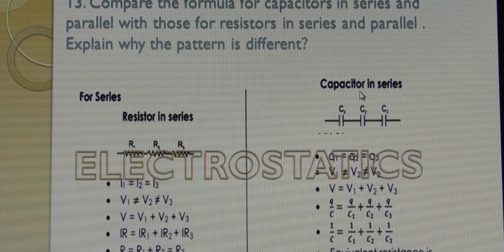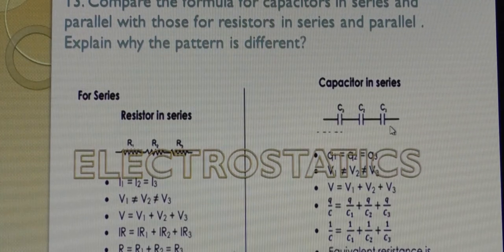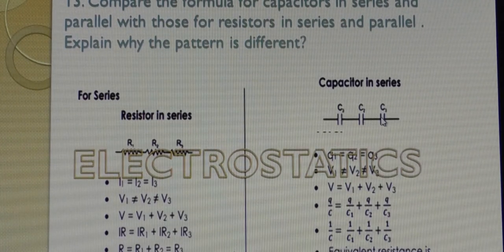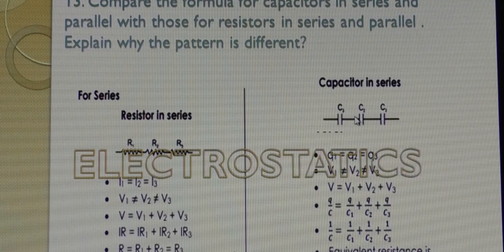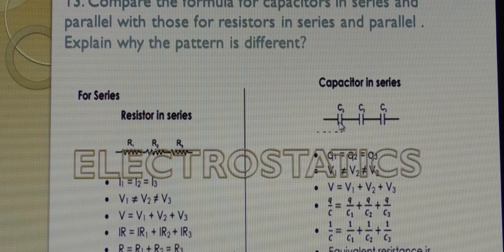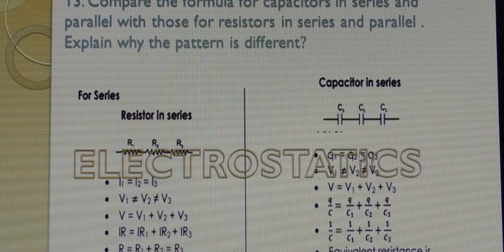Now we come to the series combination for the capacitor. Here are three capacitors, C1, C2, C3, connected in series combination. We notice that the charges are the same, because the path of the current is the same, so Q1 the charge at C1, Q2 charge at C2, Q3 charge at C3 would be the same.